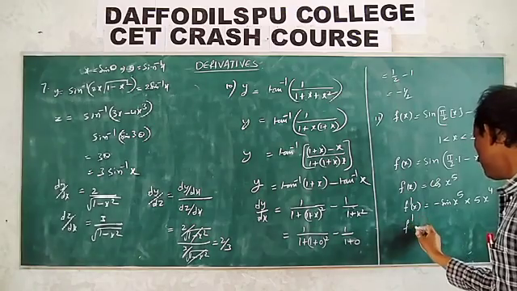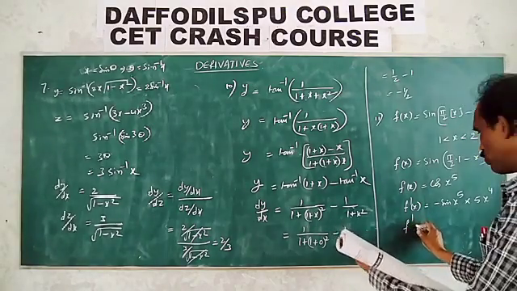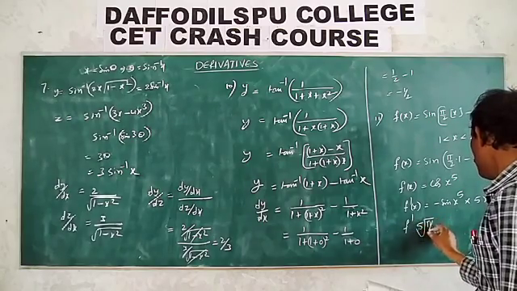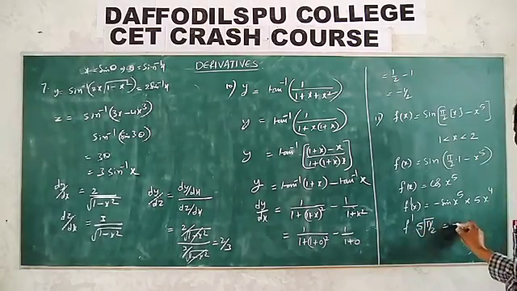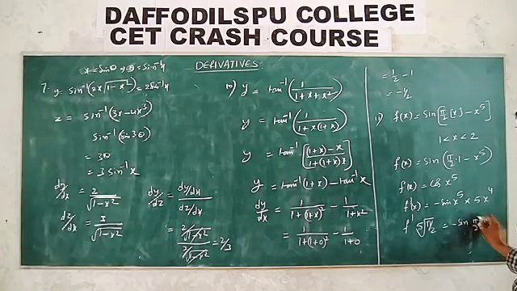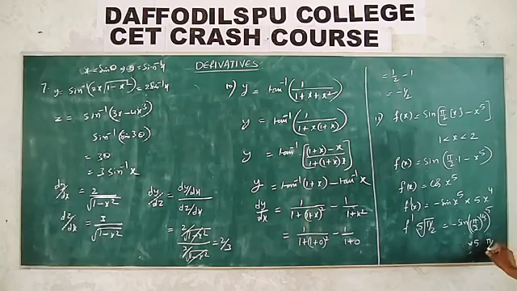Now substitute: f dash of fifth root of pi by 2 is equal to minus sin of (pi by 2) whole to the power of 1 by 5, whole to the power of 5, into 5 into (pi by 2) whole to the power of 1 by 5, whole power 4.